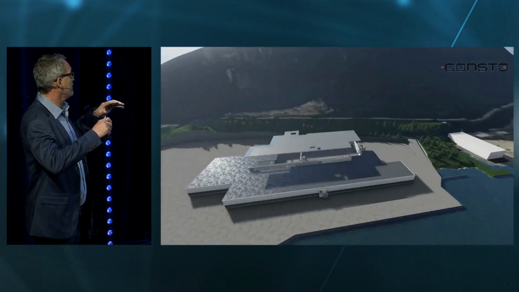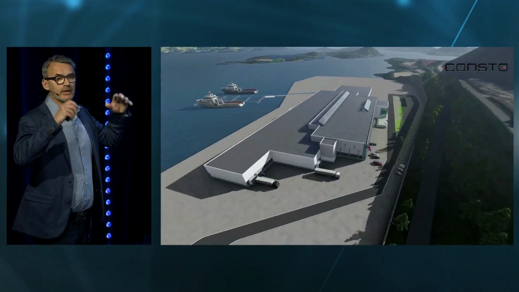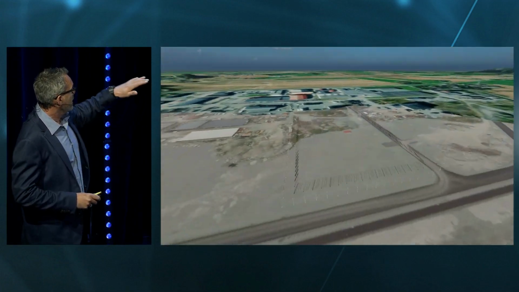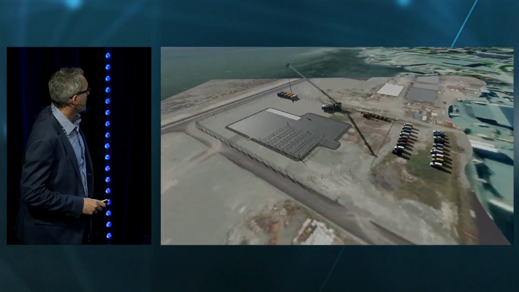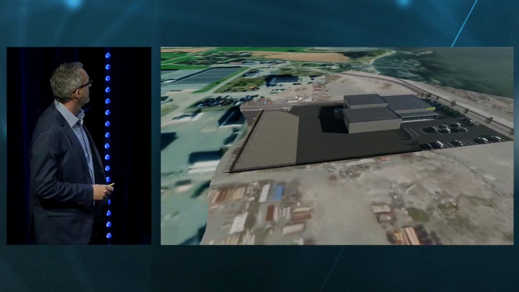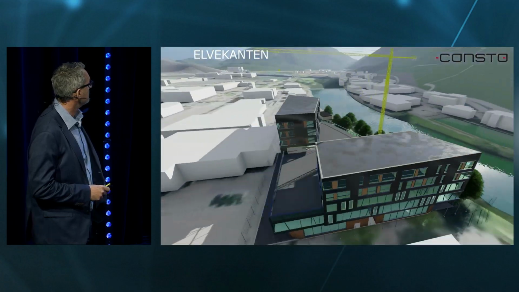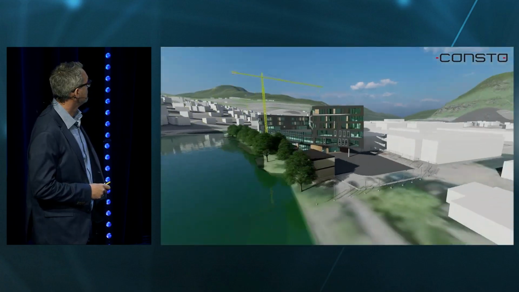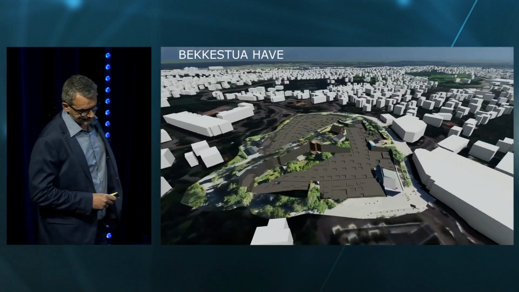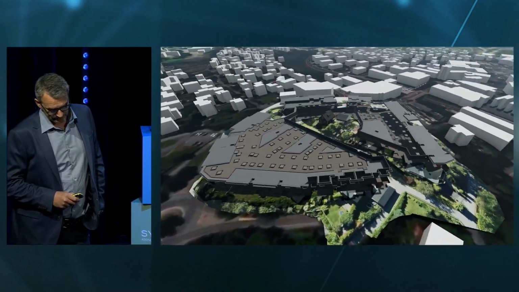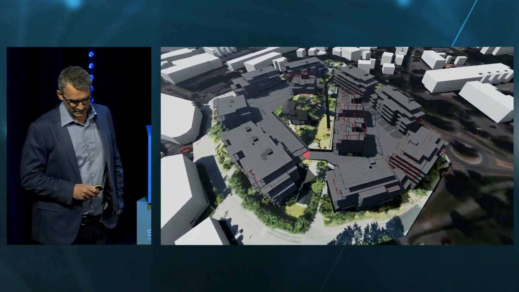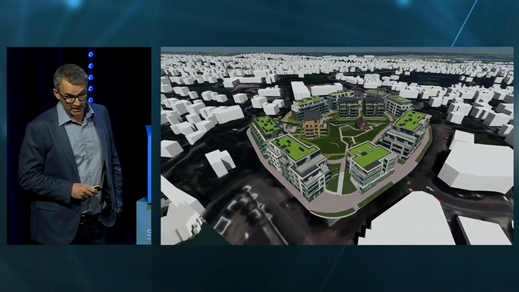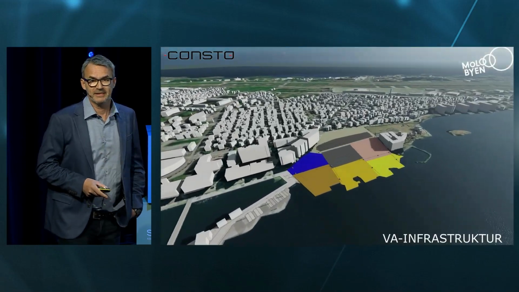And we also put the model in the right location in the world, so the client can see the actual surroundings. The terrain is recognized. I have speeded it up a bit, as you can see.